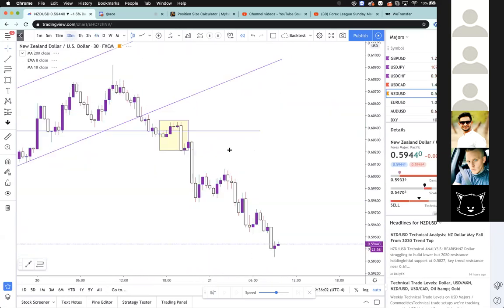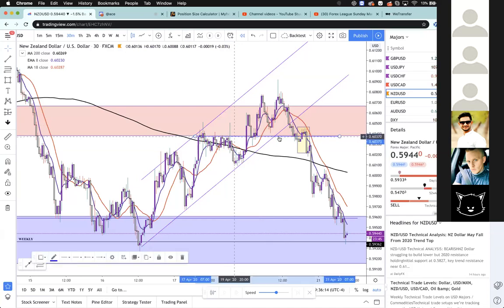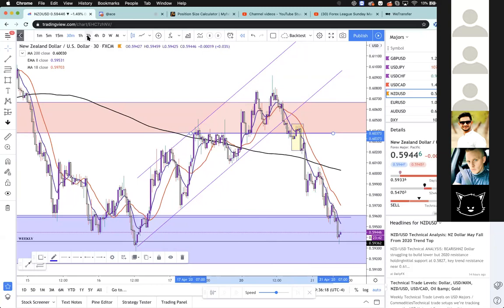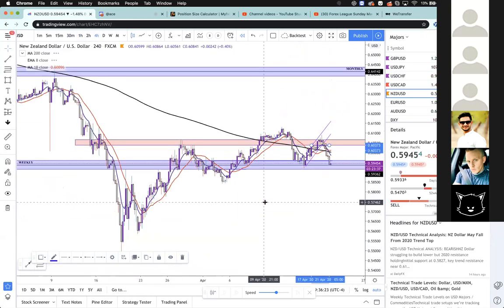That would have been enough for us to get down to this 30-minute. Then 30-minute structure was very clean, forming some highs and higher lows. Inevitably, the channel broke this level right here. This was also a serious level of support that turned into resistance.